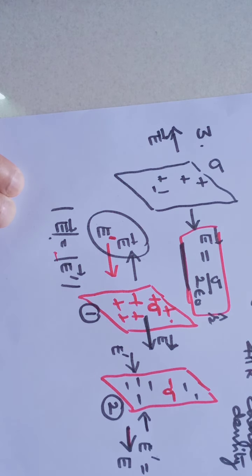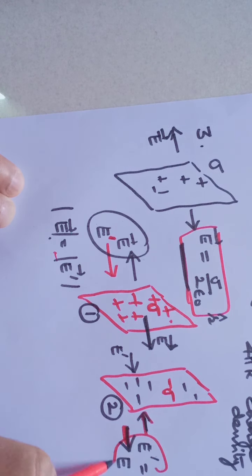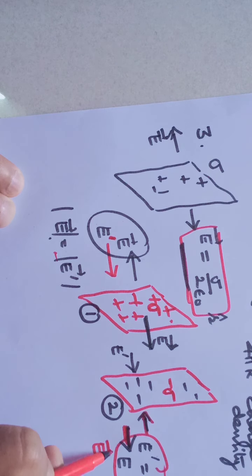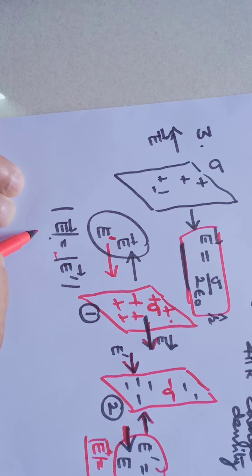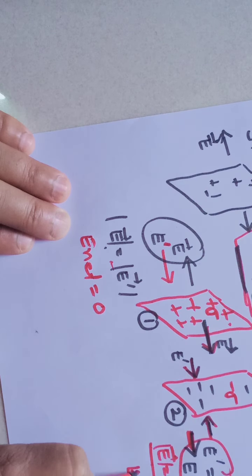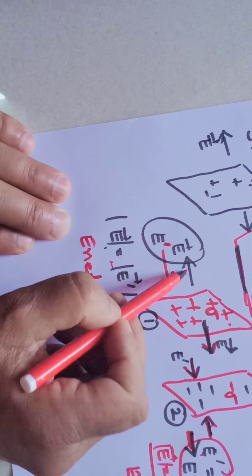Here also the fields are equal and opposite in magnitude, but here the fields are in the same direction. So here the net field will become 0, because they are equal and opposite.